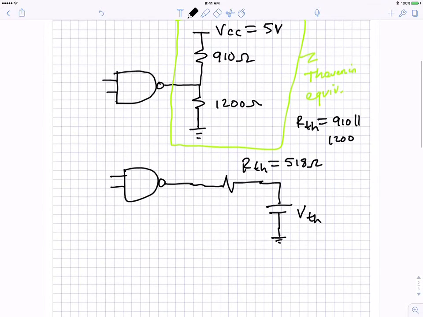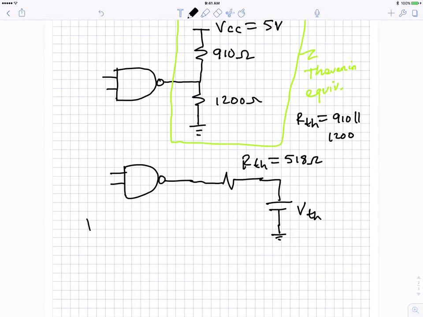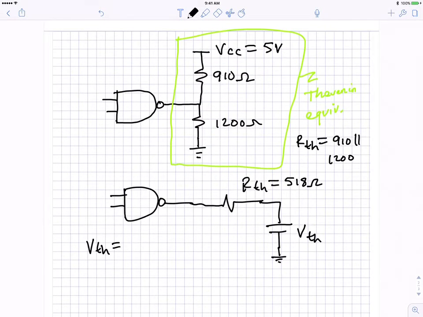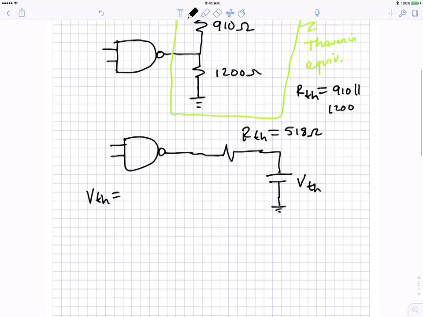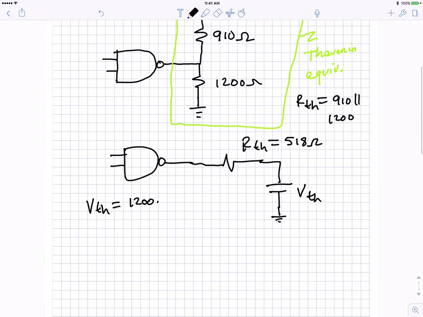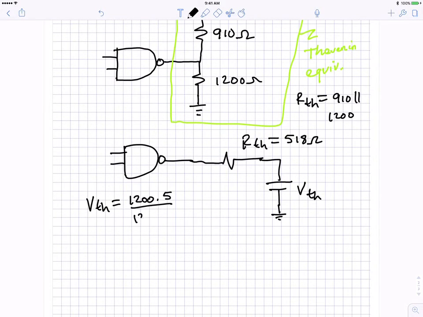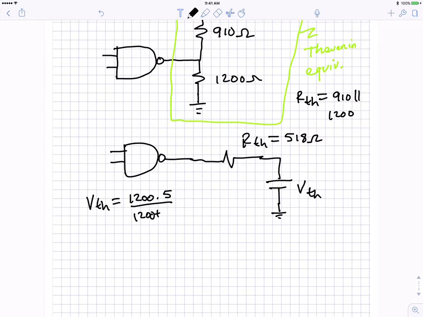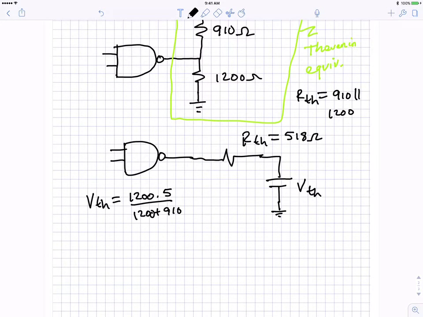Okay, and then over here, V Thevenin is just a voltage divider between the 1200 and 910 ohm resistors that are connected in series across this load. So that would be 1200 times 5 volts, which is VCC, divided by 1200 plus 910.